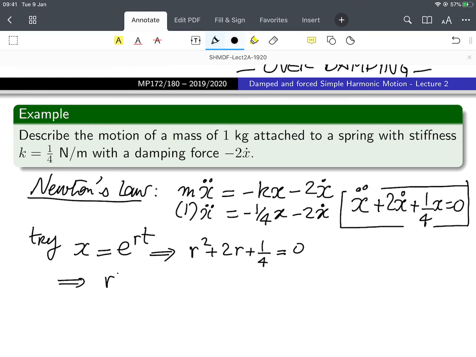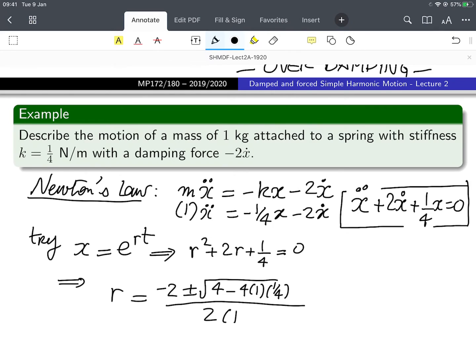Roots of the quadratic are going to be r equals minus b, so here b is 2, plus or minus square root of b squared, that's 4, minus 4 times ac, divided by 2a, so I have a half, minus 2, plus or minus square root of 4 minus 4 times 1/4, so that's just 1.